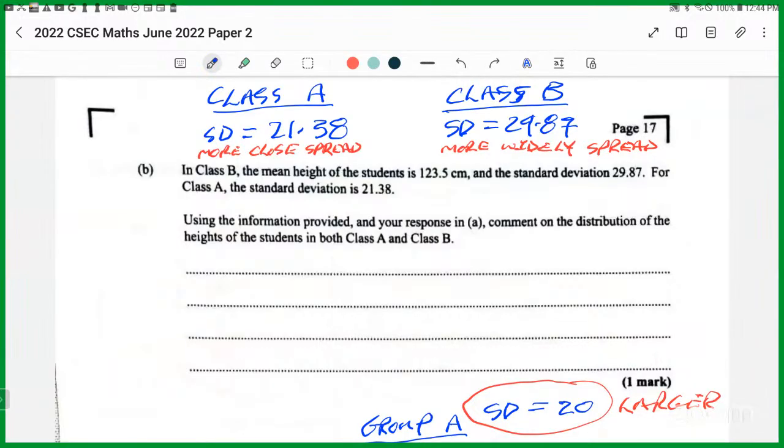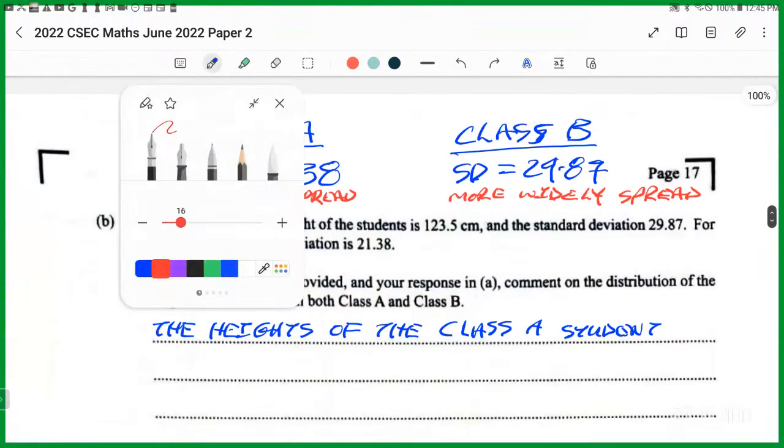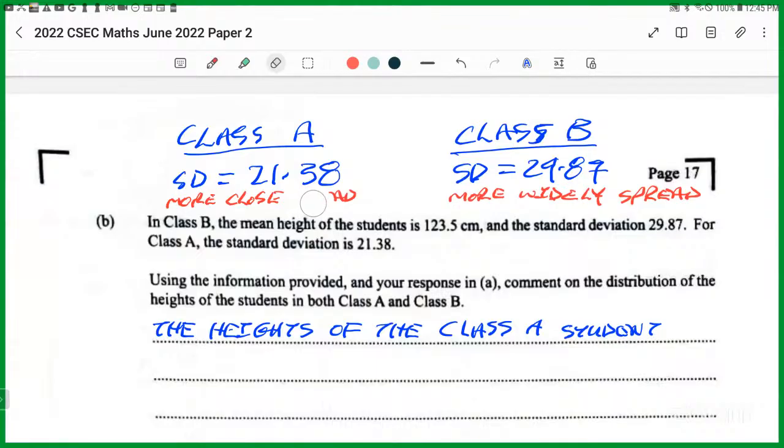We're going to say the height of the class A students are more closely spread, of a smaller standard deviation.